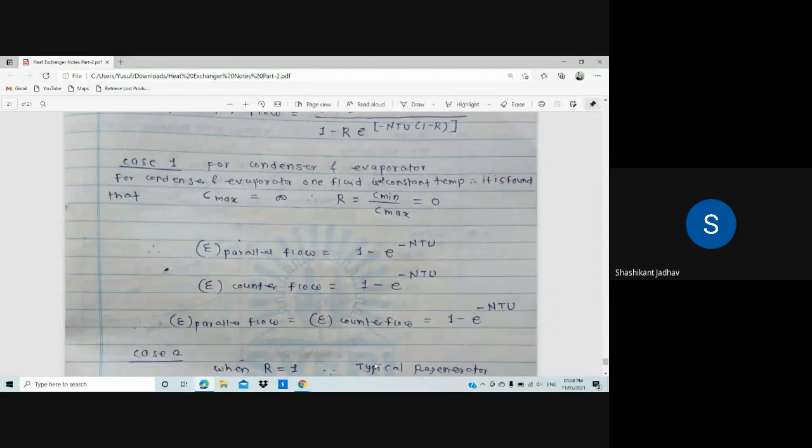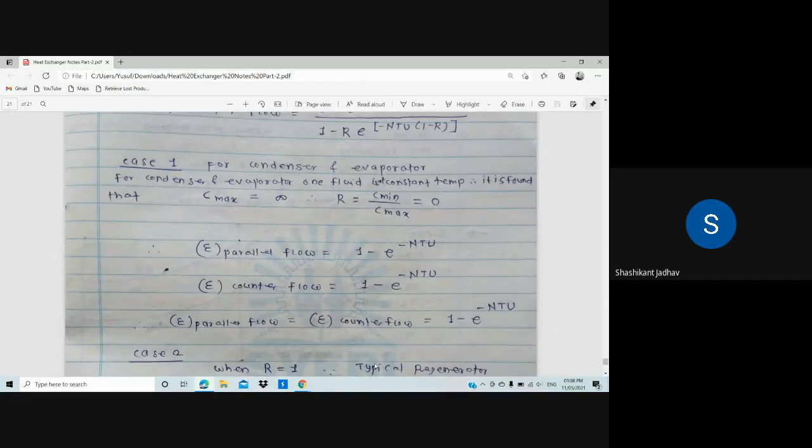जे काय आपण classification of heat exchanger बघितलेलं आहे त्याच्यामध्ये आपण condenser आणि evaporator बघितलेलं आहे. तर त्याच्यामध्ये काय असते, एक जे fluid असणार आहे त्याचं temperature कॉन्स्टंट असणार आहे. So because of that, the maximum heat capacity should be infinity for that particular case. Okay, in a heat exchanger where one fluid is having constant temperature, at that time we get the maximum value of heat capacity rate as infinity.